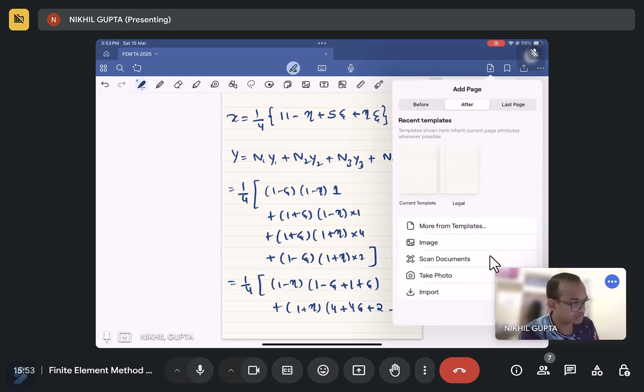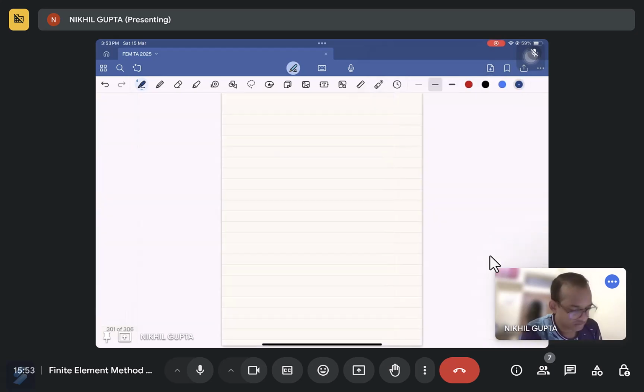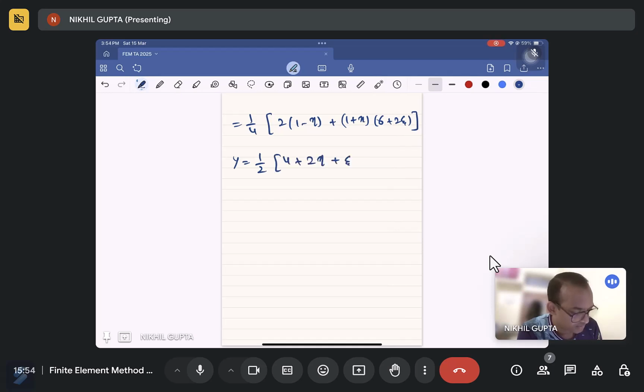And this is 1 by 4 of twice of 1 minus eta plus 1 plus eta into 6 plus 2 xi, and you solve it, you will get it as 1 by 2 of 4 plus 2 eta plus xi plus this.